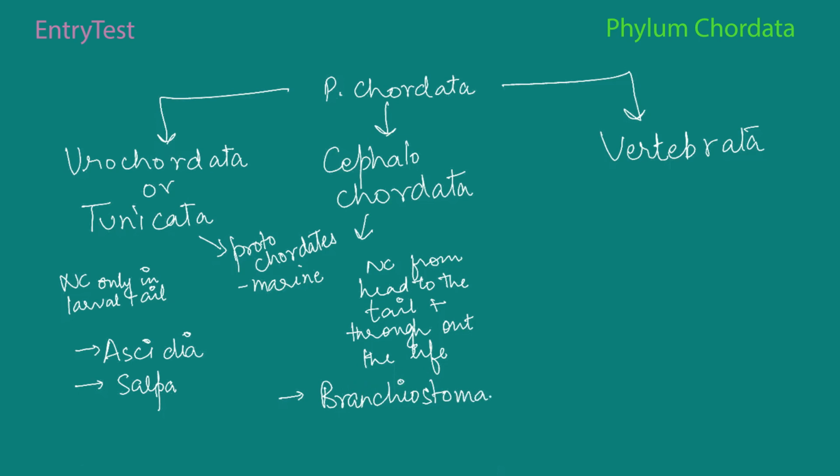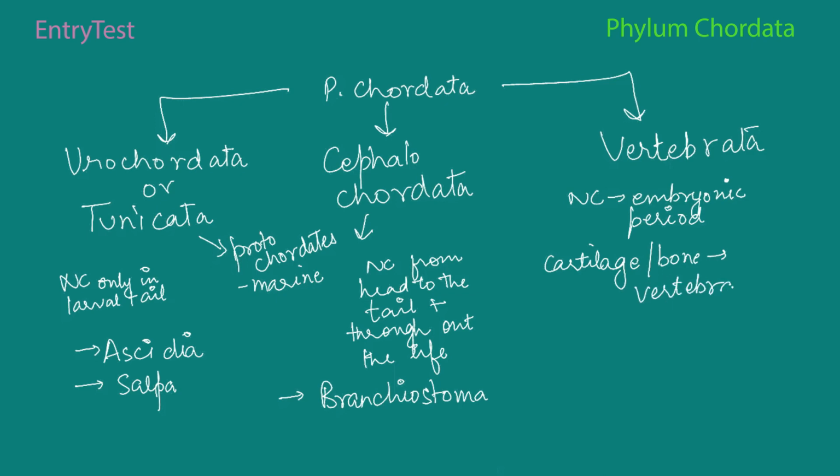Coming to the third subphylum, Vertebrata, they have a notochord only during the embryonic period. When the embryonic stage is finished and the next stage comes, it is replaced by a cartilaginous or bony structure, that is called the vertebral column, in the adult stage.